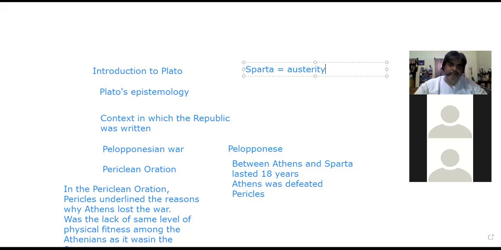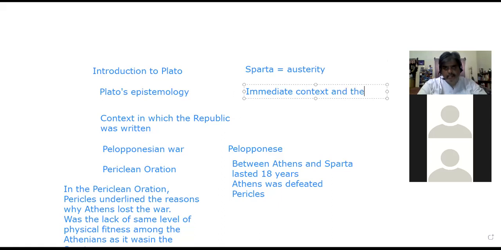So that is what we call the immediate context and the immediate, or sometimes people will say final cause, or it is also called the precipitating cause.